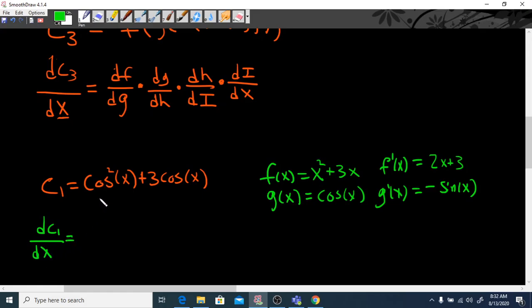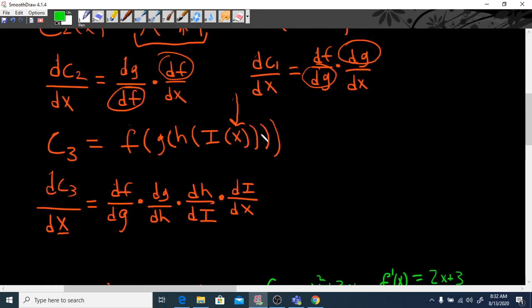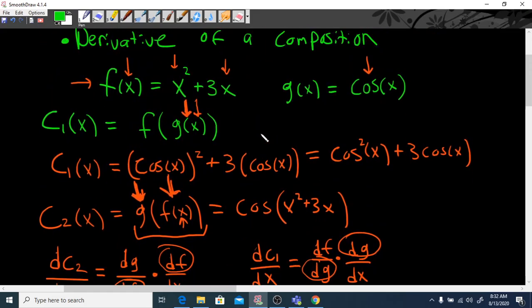Now, the way this is written, it might look like the outermost function is cosine, because that's the first thing we see here on the left, the c for cosine. But remember how we wrote it a little bit ago. We wrote it this way. Here it is, right here. We wrote it like this. Okay?